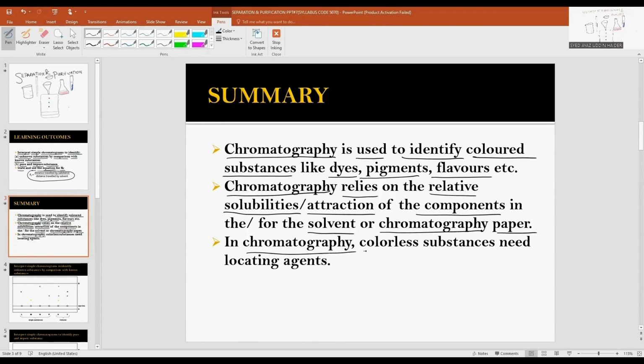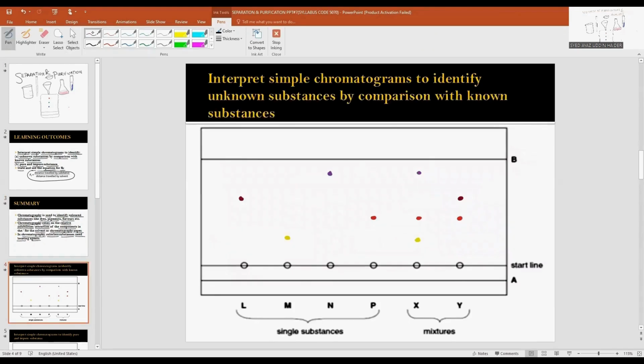In chromatography, colorless substances need locating agents. In this lesson, I will teach you how to interpret a simple chromatogram to identify unknown substances by comparison with known substances as well as pure and impure substance.